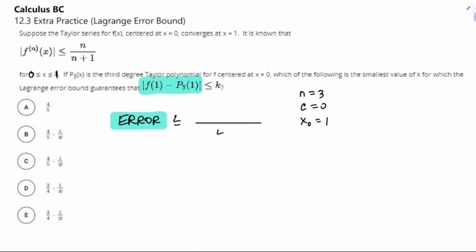So it's something divided by the next factorial, absolute value of 1 minus 0 to the fourth power, and then that maximum value of the absolute value of the fourth derivative. So we're saying that f's fourth derivative is less than or equal to 4 over 5. So that's 4 fifths divided by 4 factorial times 1 to the 4. That's like 4 fifths multiplied by 1 over 4 factorial. We should be able to find that in our answer choices. There it is, answer choice B.